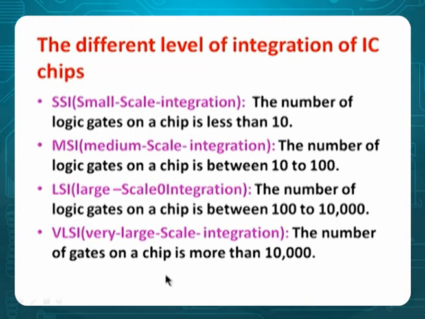VLSI means more than 10,000 up to 1 lakh. There is one more, of course, called ULSI, ultra large scale integration, that is more than a lakh. As of now, we are already in the technology of ULSI.